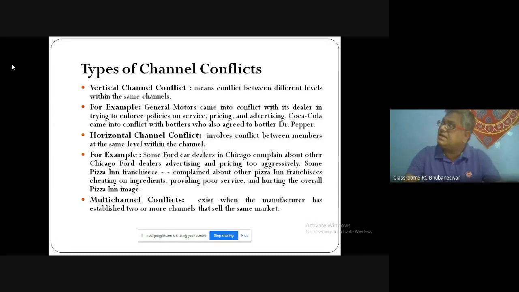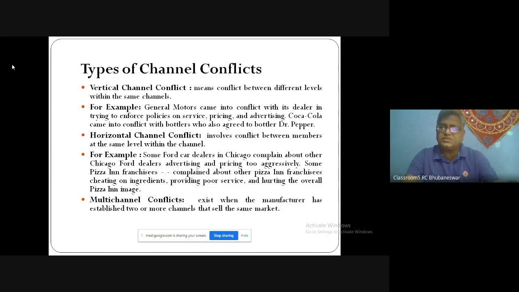And horizontal channel conflict is also there. Another one is multi-channel conflict. If you talk about horizontal channel conflict, it is a conflict between members at the same level within the channel. Suppose Ford car dealers can complain about advertising and pricing.